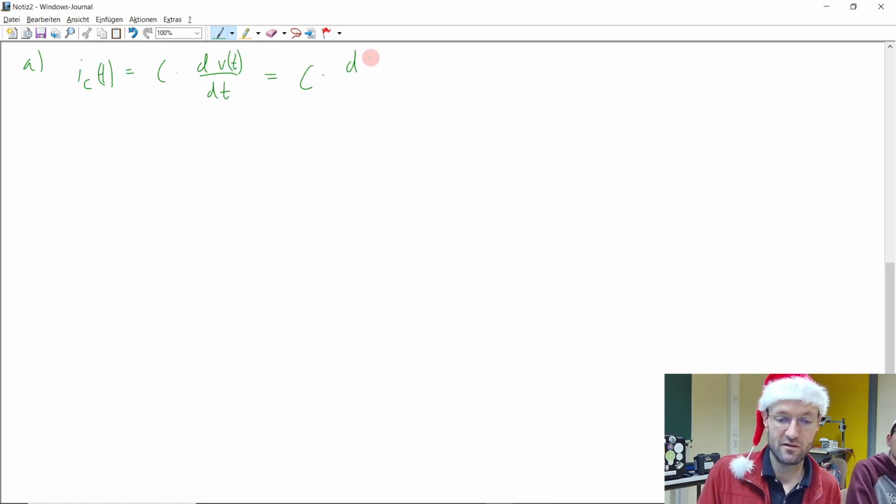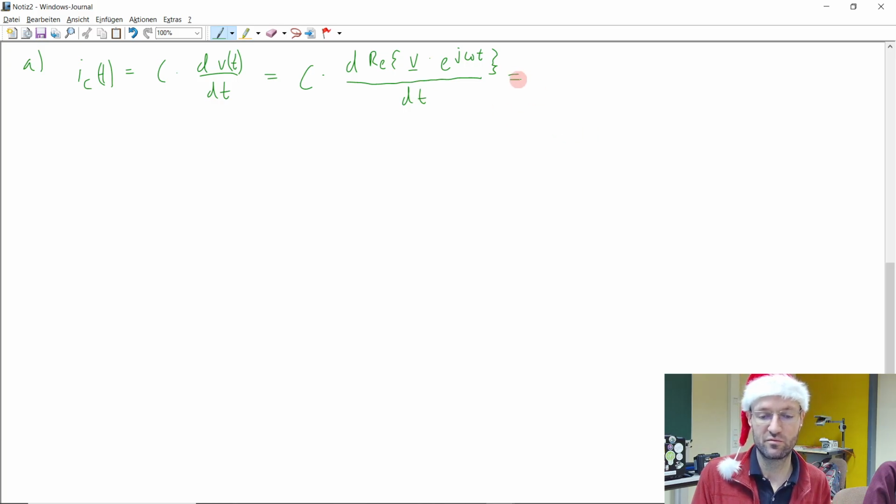So this is the real part of our complex voltage phasor multiplied with e to j omega t, and then the derivative with respect to the time. So how do we solve this? This complex phasor does not depend on time.